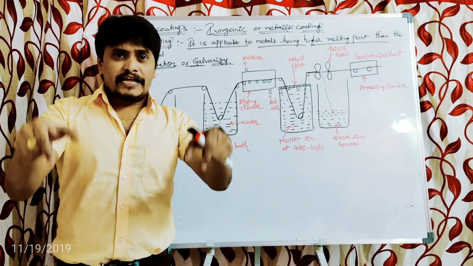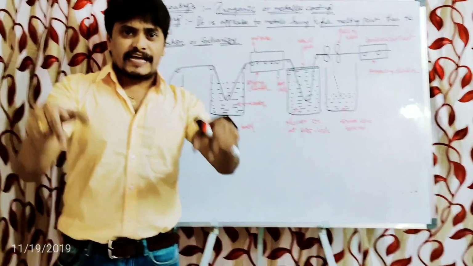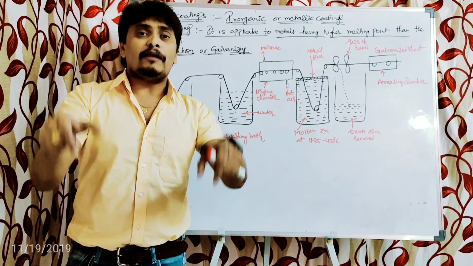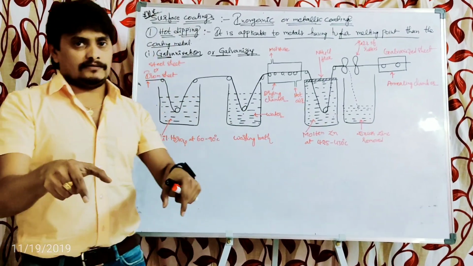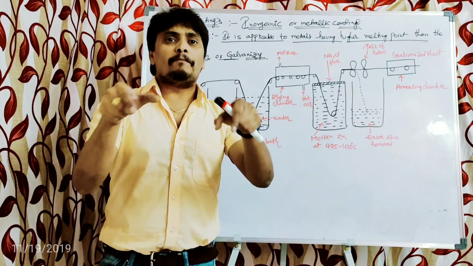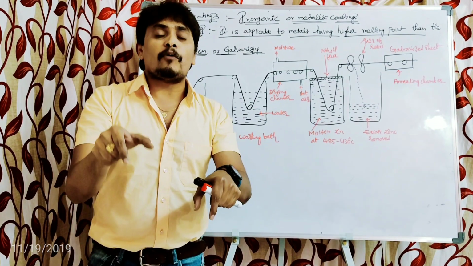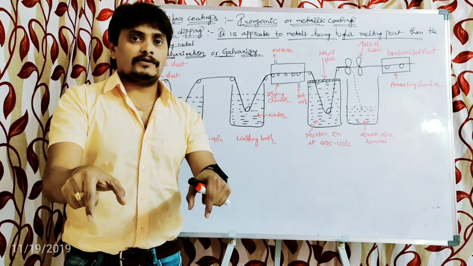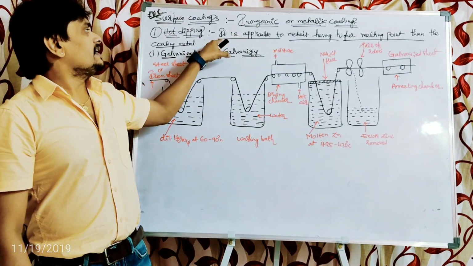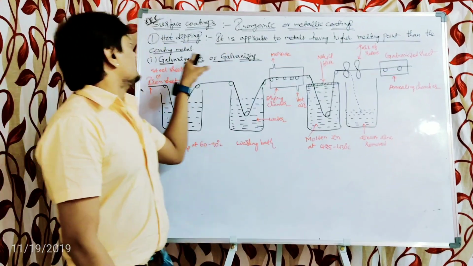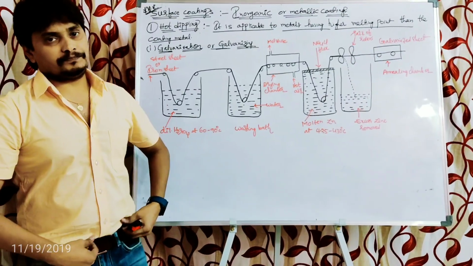If the melting point of the base metal is less than that of the coating metal, it will definitely melt. That is the reason the melting point of the base metal should be greater than the melting point of the coating metal.